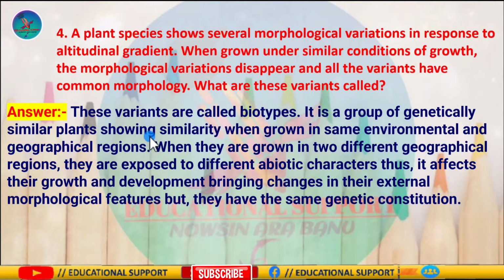The same environment provides them similar factors like soil, pH, temperature, etc. When they are grown in two different geographical regions, they are exposed to different characteristics. Thus, it affects their growth and development, bringing changes in the external morphological features, but they have the same genetic constitution.